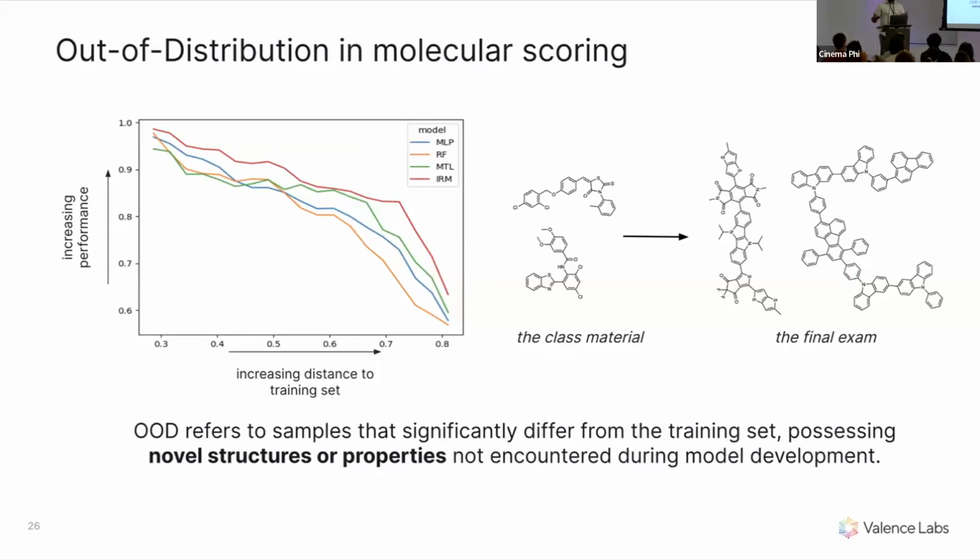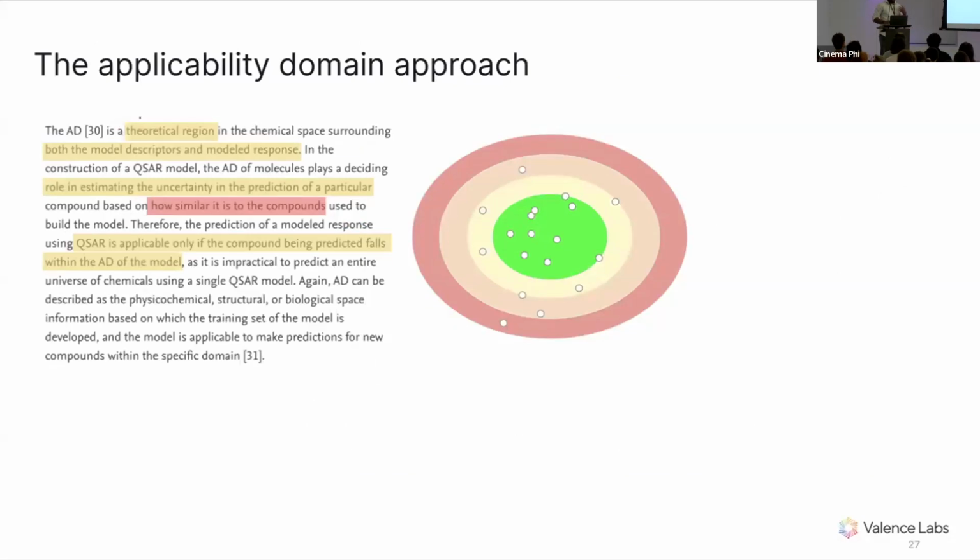And this is what we call out of distribution, because it's not the same distribution as the one that you're seeing in the training set. A good, simple way to tackle that is the idea of applicability domain.